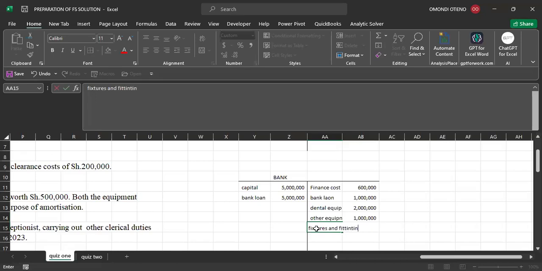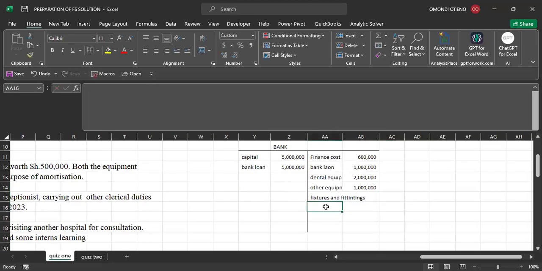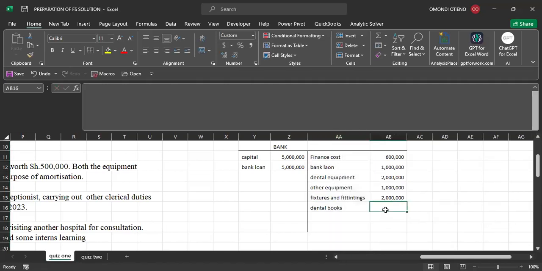Is it fixtures and fittings or furniture and fittings, something of that kind? Then we have dental books. So here we have 2 million. Then dental books, we have 500,000. So we've just recorded the purchase of these assets.